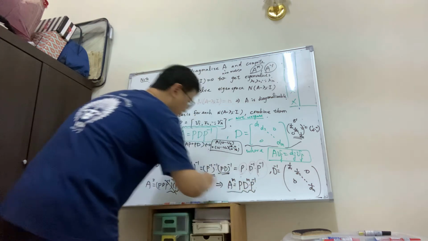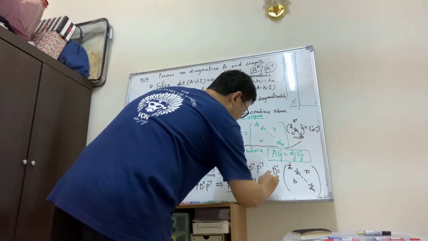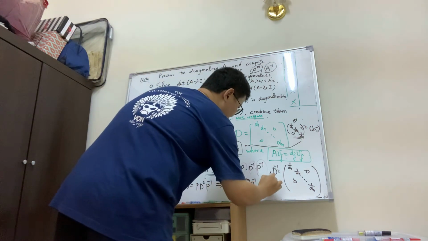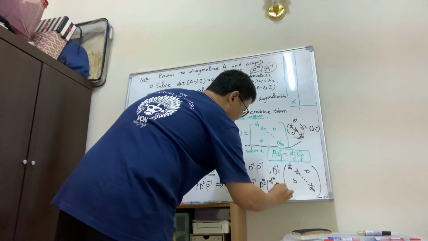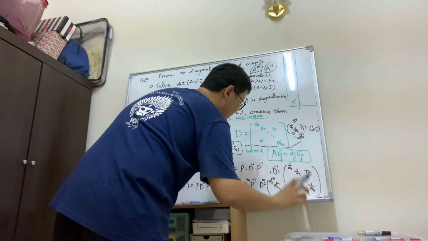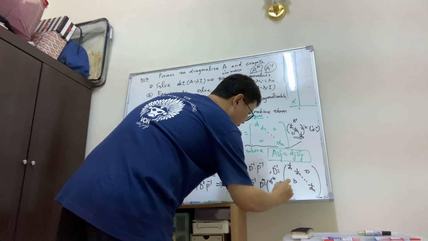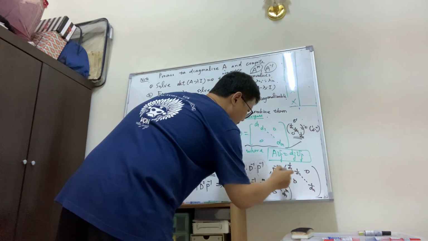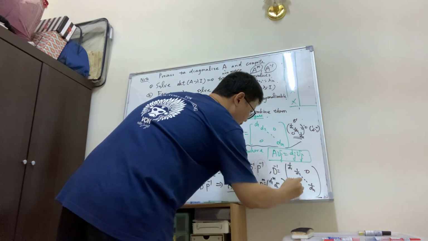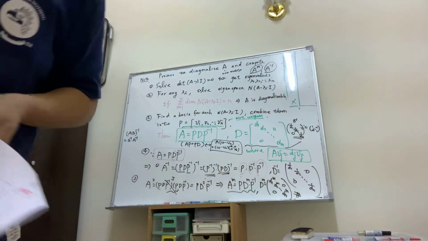And D to the power of n is a diagonal matrix, so it's very nice: D1 to the power of n, D2 to the power of n, until Dn to the power of n. And we are done; that's the process.